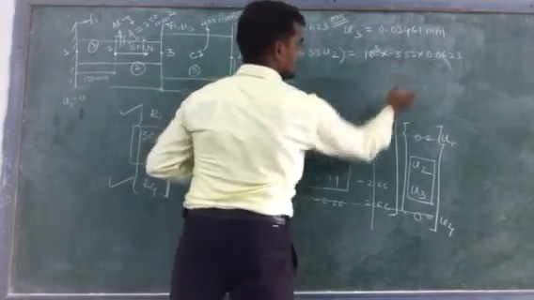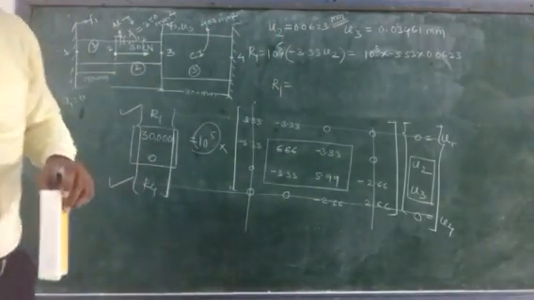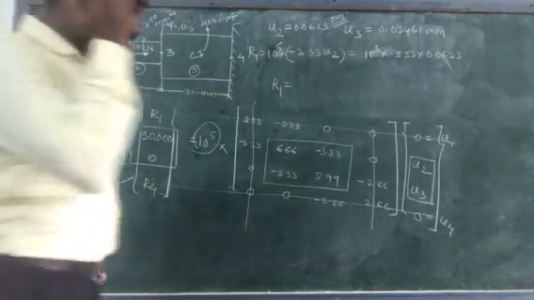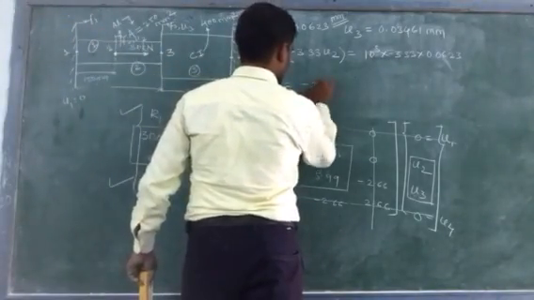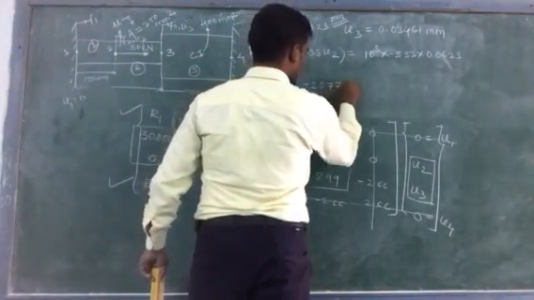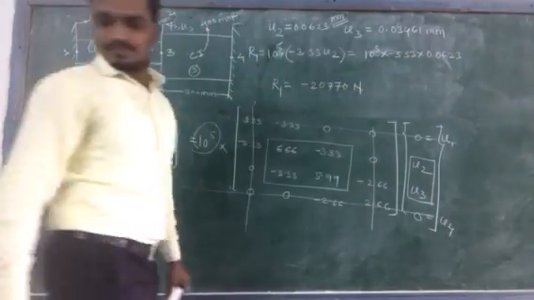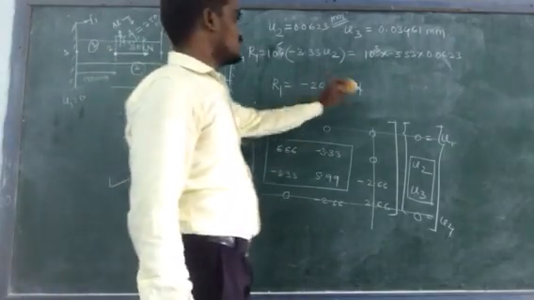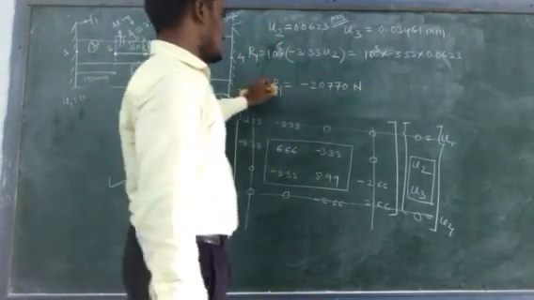By simplifying this you will get R1 equal to minus 20,770 newtons. That is the value for your R1.